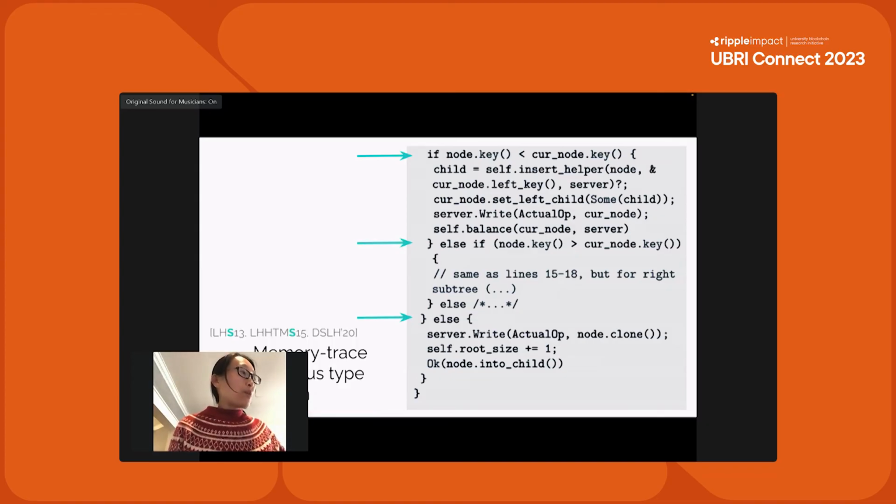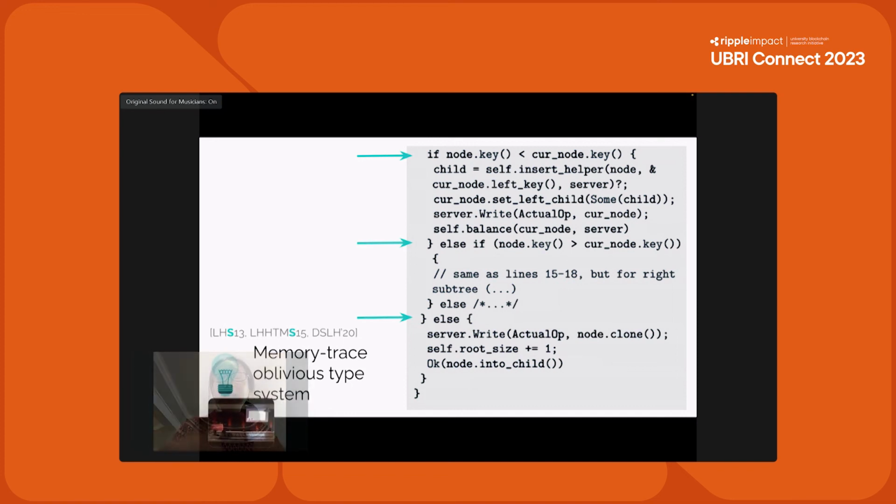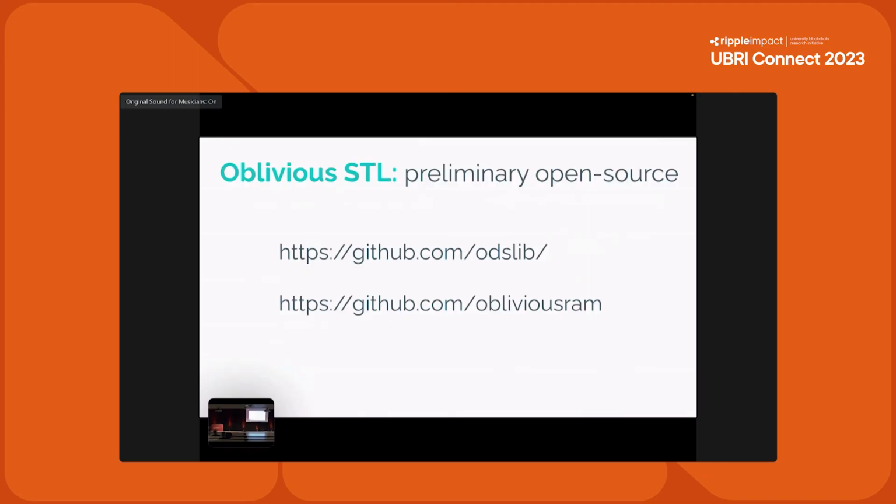But from an academic perspective, this is a solved problem, because we can use memory trace Oblivious type systems. What this means is you can throw this code into an Oblivious compiler, and the compiler can automatically tell you whether your code is secure or not. These techniques are very mature from an academic perspective, so I think the next exciting step is to transition them into practical deployment.